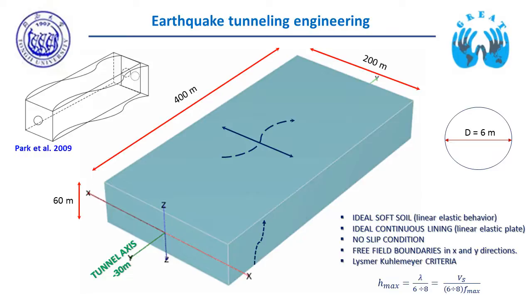The analysis has been performed under the hypothesis of an ideal soft soil with linear elastic behavior, an ideal continuous lining with linear elastic behavior of the structure modeled as a 2D plate element, with a no-slip condition between the soil and the structure, considering free field boundaries along both y and x directions. The mesh dimension of the model has been set as a function of the maximum frequency of vibration of the input signal.